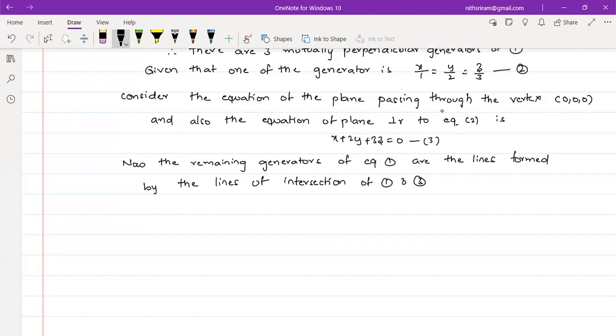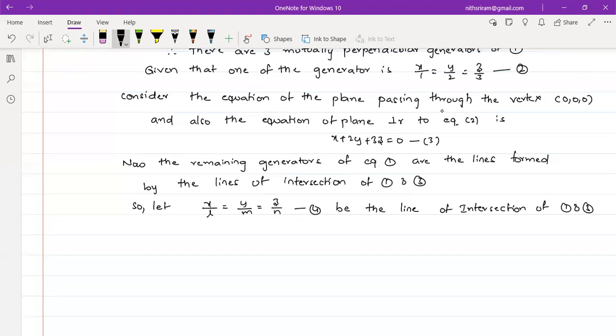Okay, so let x by L is equal to y by M is equal to z by N, treat this as 4, be the line of intersection of 1 and 3.